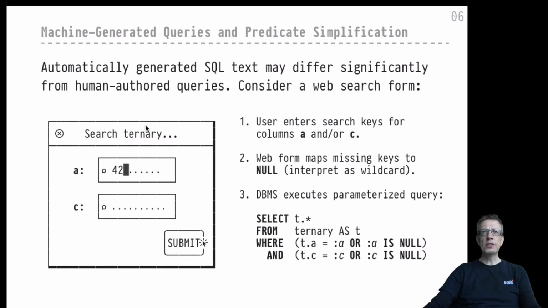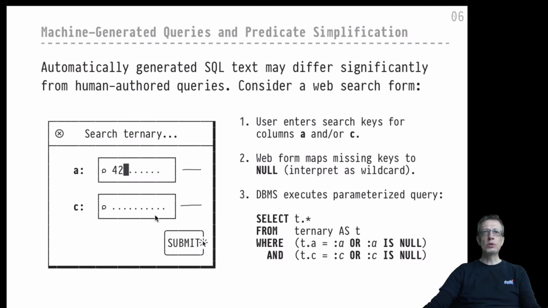So let's consider this example where we use a web search form to query the ternary table. The ternary table has fields A, B, C. In this search form, we can specify values for the A and C columns. Any value entered into the A and C fields will be used in an equality test on the A and C columns of table ternary.